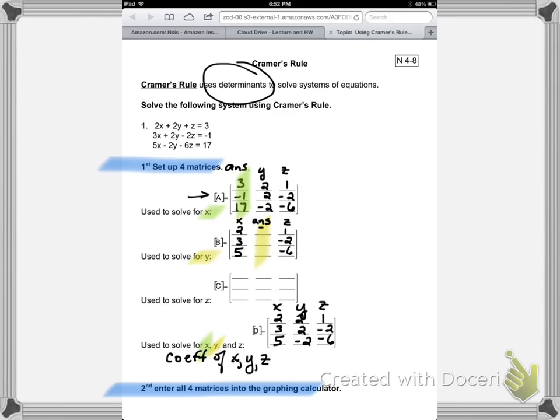And the answers, 3, -1, and 17. And you notice the highlighted column is exactly the same in matrix A and matrix B. This is the one we're going to use to solve for Y.